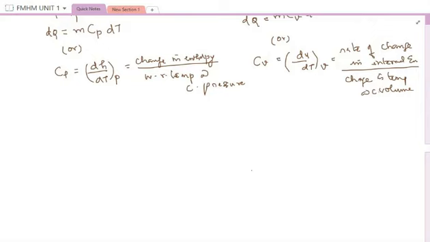Okay, so these are the various kinds of formulas we can use for specific heat at a constant pressure and constant volume based on the energy, that is internal energy and enthalpy, right?